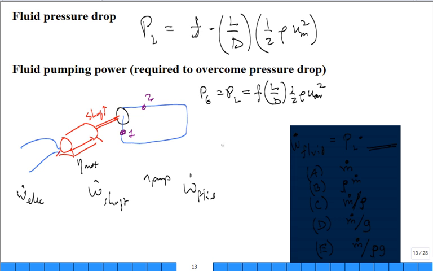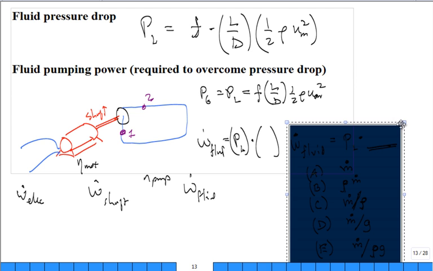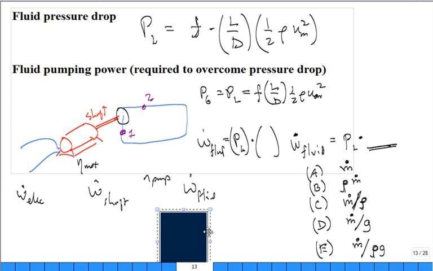So we suspect that that fluid power is equal to the pressure gain, which is the pressure loss, times something. And underneath this box, for the last clicker question of the day: what is it times?